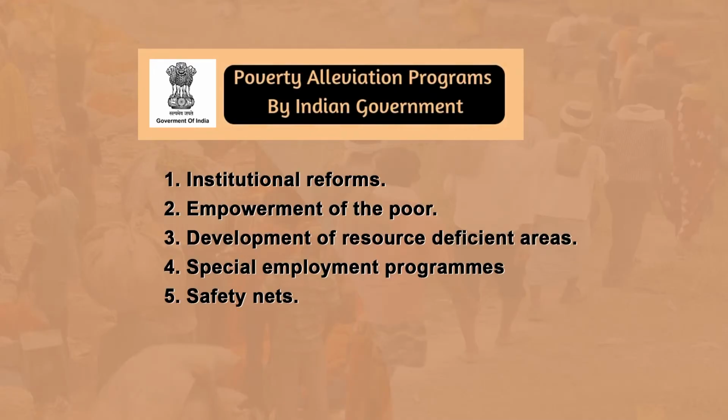Poverty alleviation strategies adopted in the last 5 decades can be classified into 4 broad groups: the institutional reforms, empowerment of the poor, development of resource deficient areas and special employment programs and safety nets.